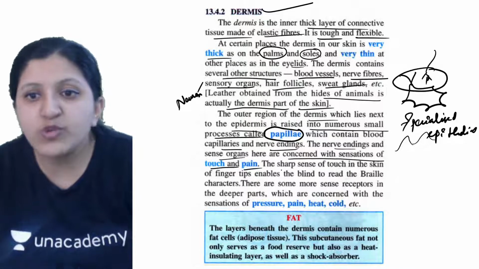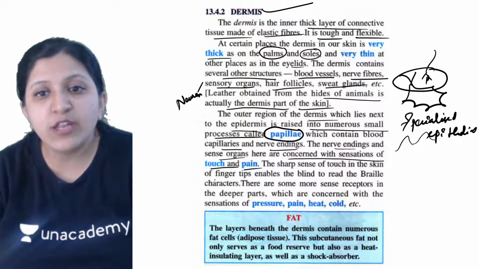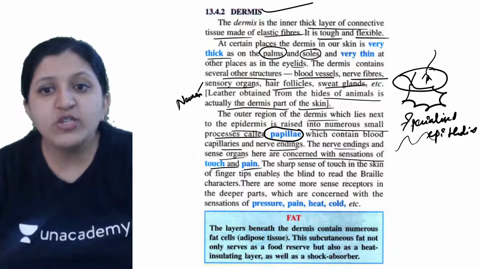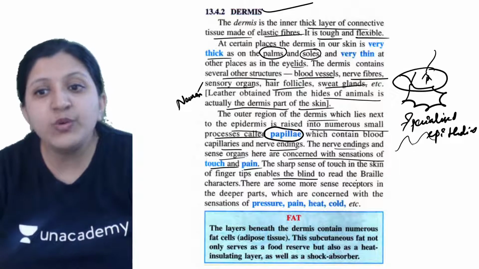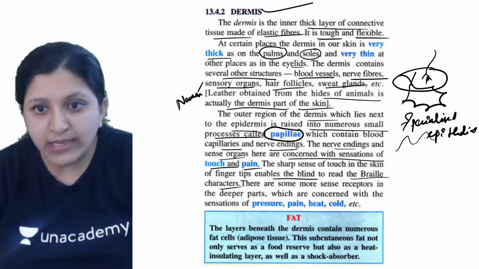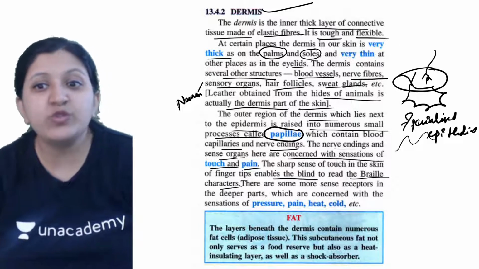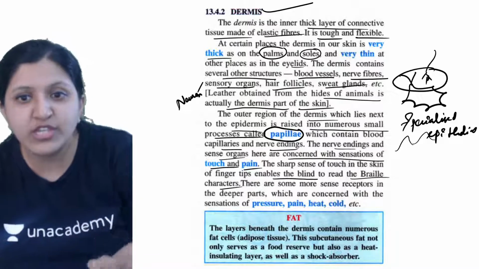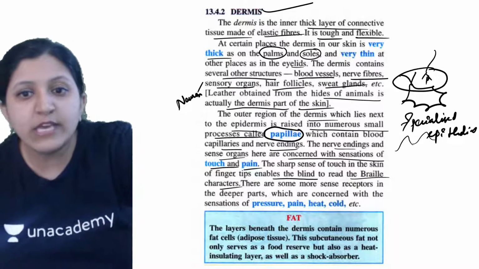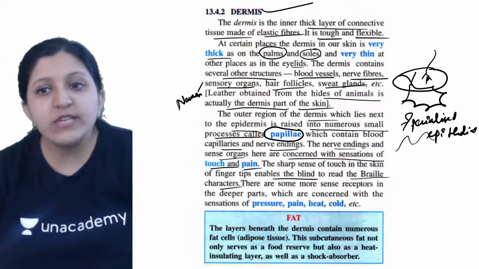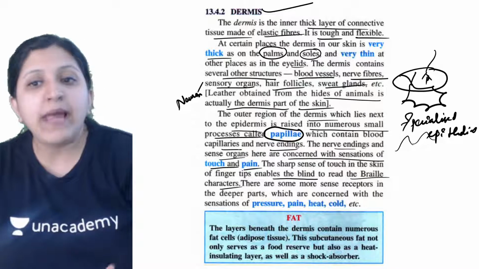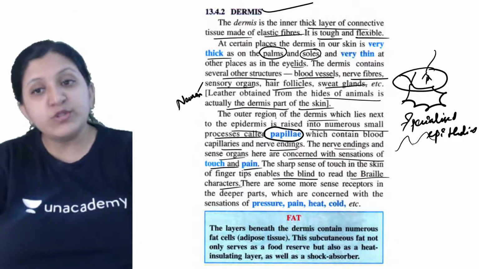There is a sharp sense of touch in the skin of the fingertips, and this enables the blind to read braille characters.